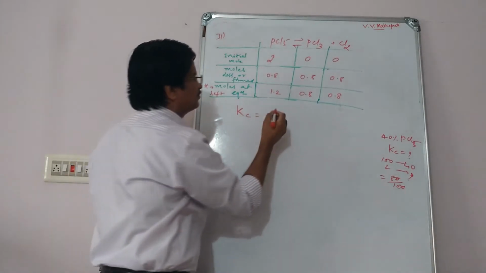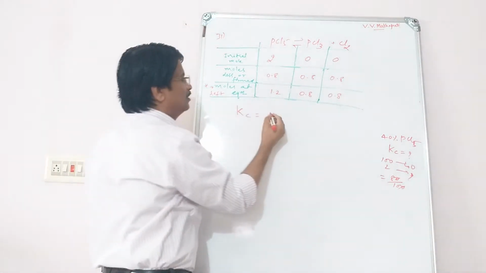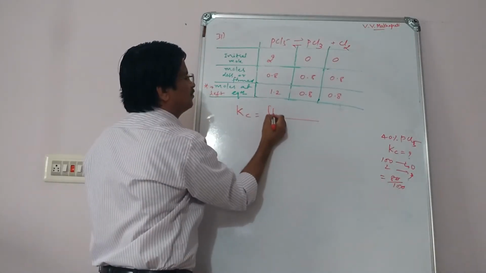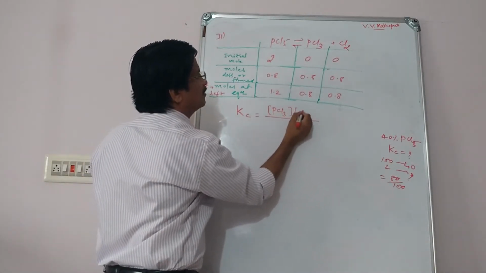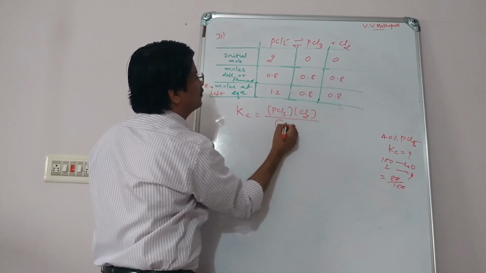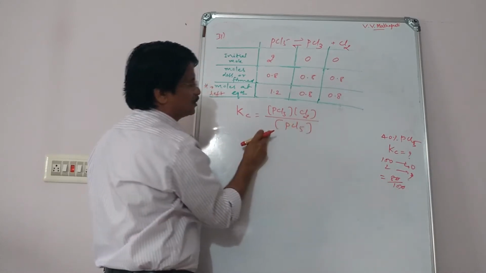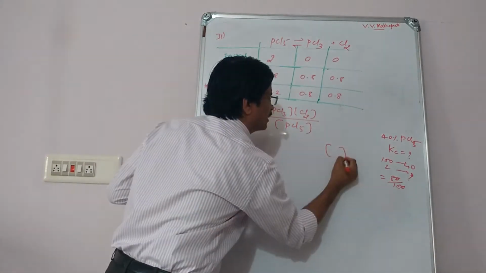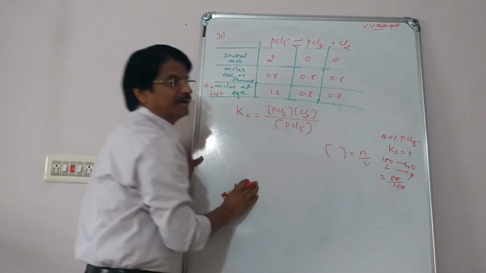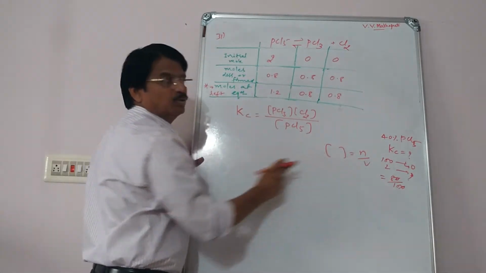But one more thing, here you write the Kc formula: products PCl3, Cl2 over PCl5. I am using square brackets, and you know square bracket equals n by V. In this problem they give volume 2 liters.